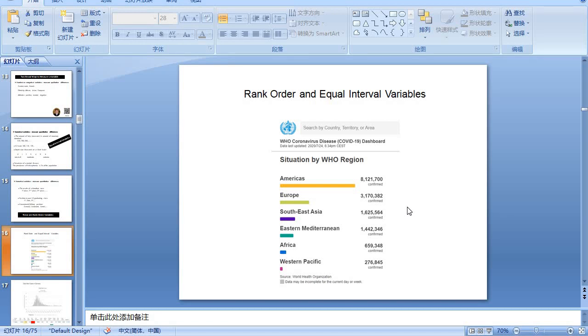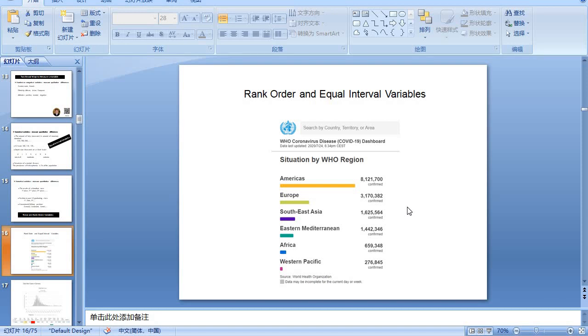The number of cases is an equal interval variable because the interval between one case and two cases is equal to the difference between two cases and three cases. And so if one place has two cases and another place has four cases, the second place has twice as many cases as the first. The interval, or the unit of difference, is constant in equal interval variables.